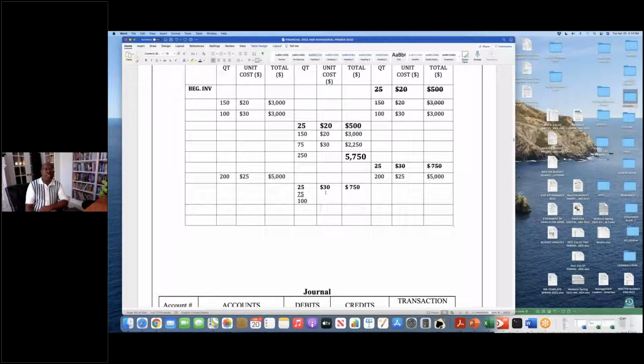But these shoes are costing us what? $25, correct? Yes. So what's 25 times 75? $1,875.